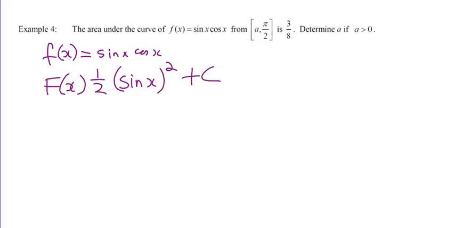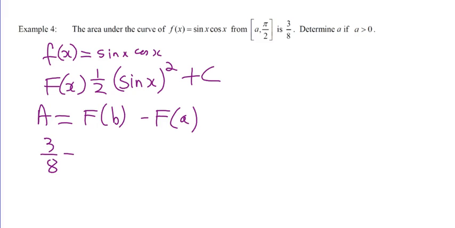So the area here is going to be F of pi over 2 minus F of a. Actually, let me go a little more general. Area is F of b minus F of a, right? On an interval a b. So the area we were given is 3/8. The b value is pi over 2, and the a value is just plain old a. So now we can plug in.